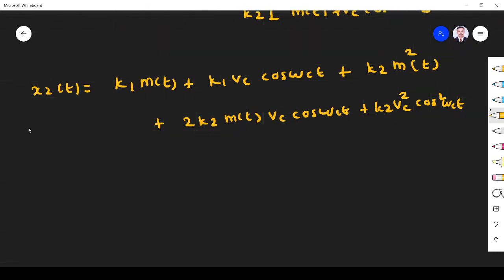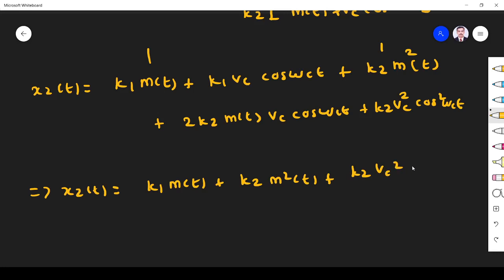So now, x2 of t is equal to, if I manipulate this, k1 m of t plus k2 m square t plus k2 Vc square cos square omega ct. I take these separately, then plus k1 Vc, the remaining two terms are k1 Vc plus these two.